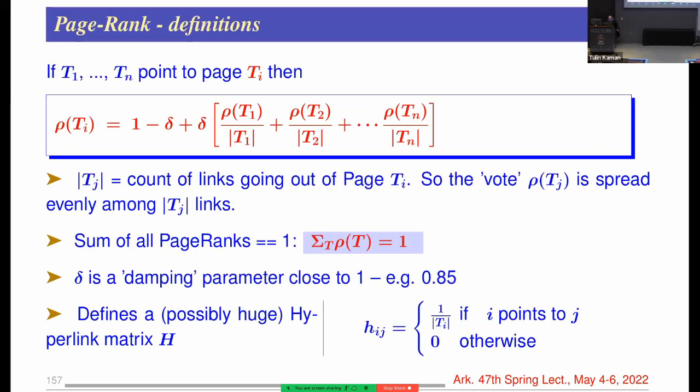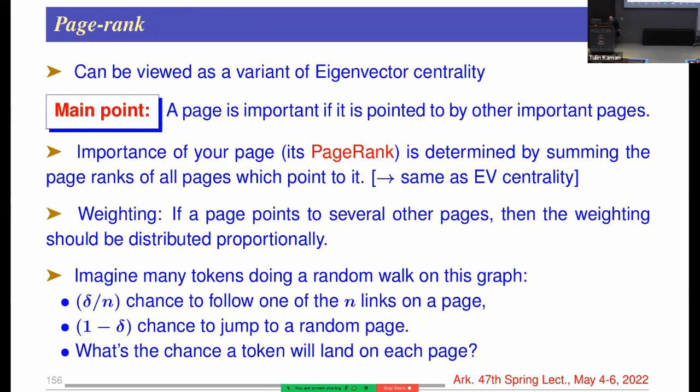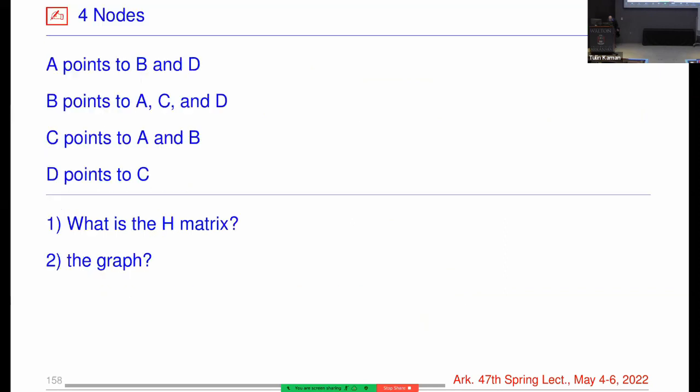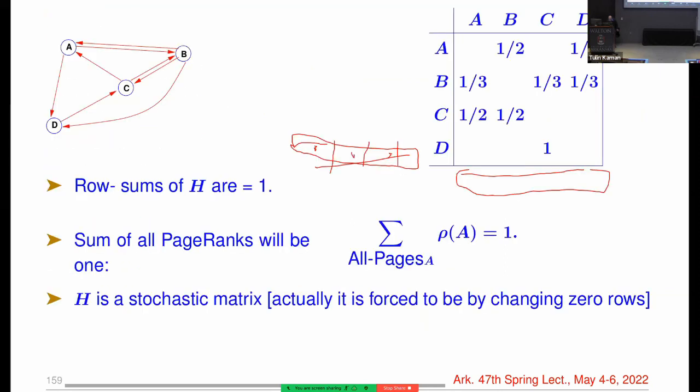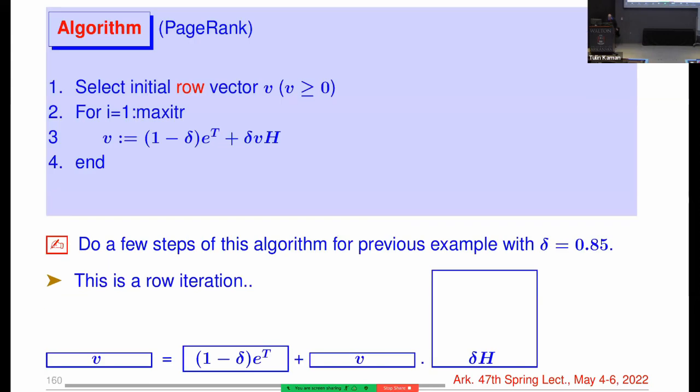Yeah, I had missed something in this whole thing. This is fine. And then finally here, you select the initial vector V, and then you just do this. E is the vector of all ones, that's all. And then you keep repeating this.